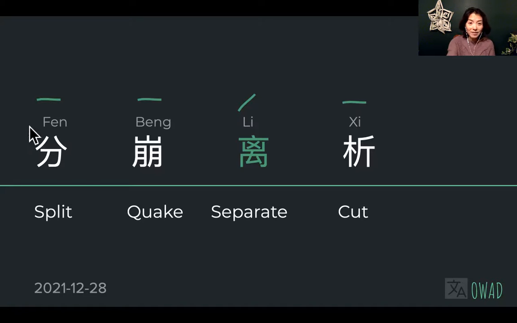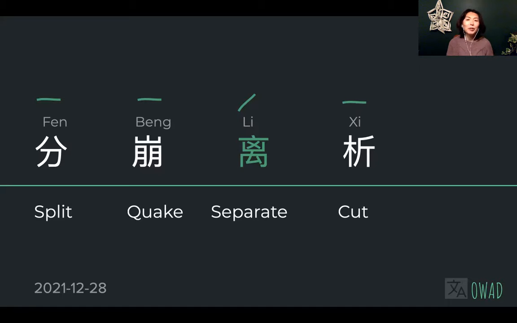Okay, so 分 actually comes from both top and bottom, the meaning makers. The top is pronounced as 八, a hand gesture like this as number 8, and it's written like a stick figure human, right? Man, and then 八 is the separation of the 2 legs.